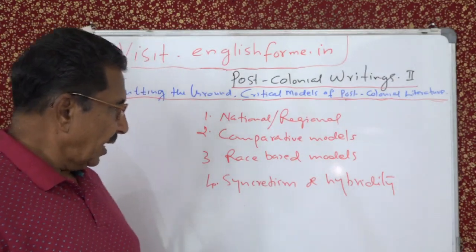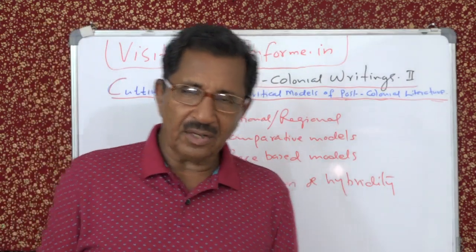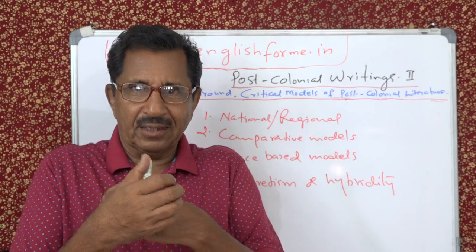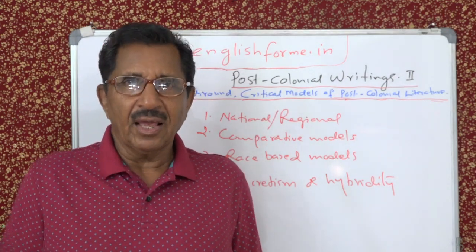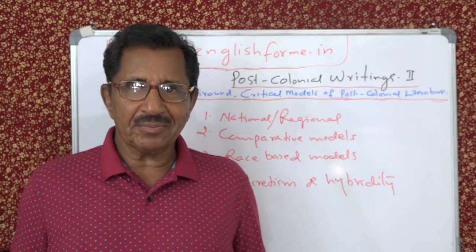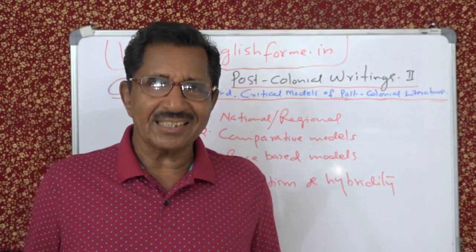Race-based models. And then you have syncretism. Yesterday, you remember I told you syncretism means opposing things coming together. A bond between the opposing things is syncretism. For example, as I told you the other day, capitalism and communism are opposing. But suppose you have a blend of them, that is syncretism.